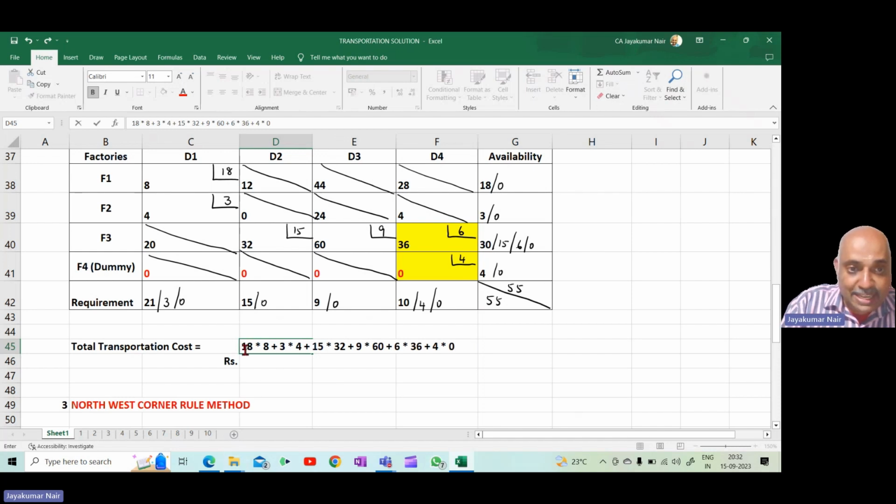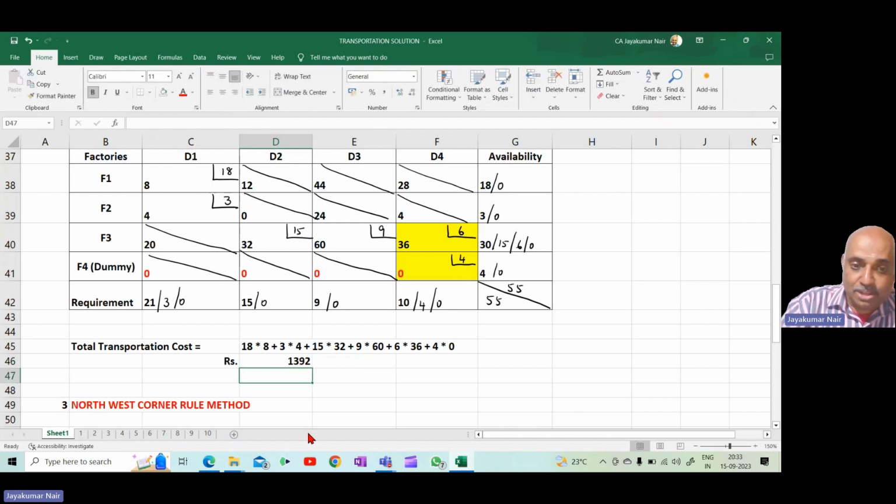So I check 18 into 8, 3 into 4, 15 into 32, 9 into 60, 6 into 36, and 4 into 0. Correct. So we will find the cost. It is 1,392.